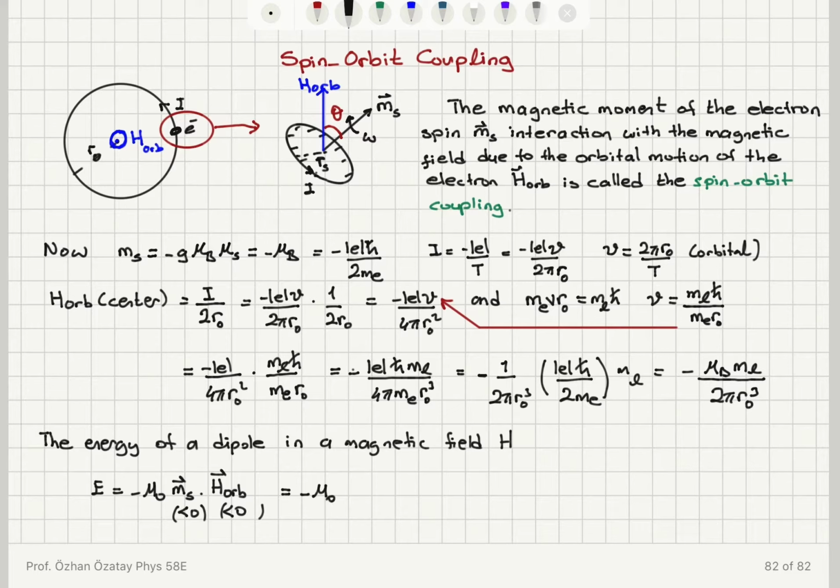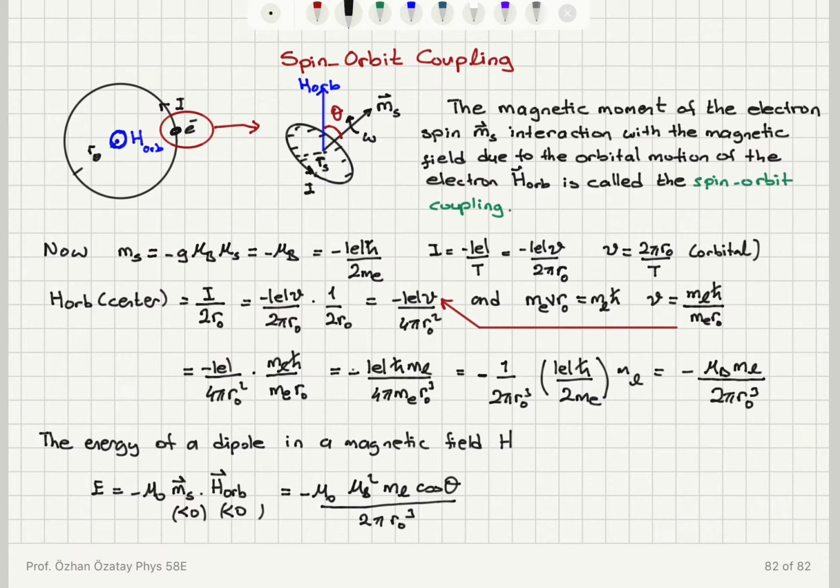So if I substitute that for the magnetic field at the center, here I will have minus mu 0. I have one Bohr magneton from the spin magnetic moment, and another Bohr magneton from the orbital field. So Bohr magneton squared. Then I have m sub l, cosine of the angle between them, cosine theta, divided by 2 pi r_0 cubed.